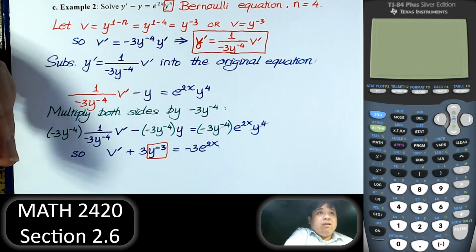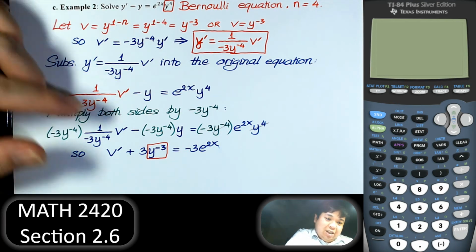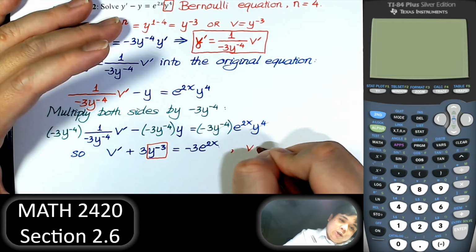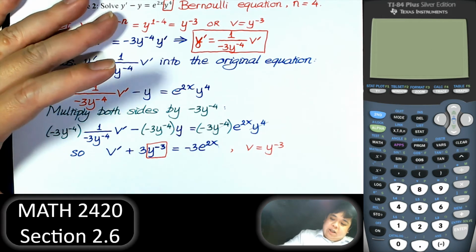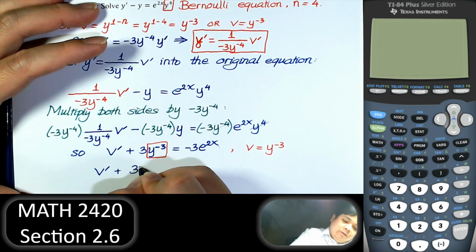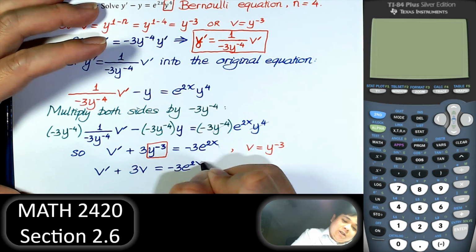So we're supposed to have a linear first order equation right after this. And it is. With v equal to y to the negative 3, we have the equation v prime plus 3v equal to negative 3 e to the 2x.